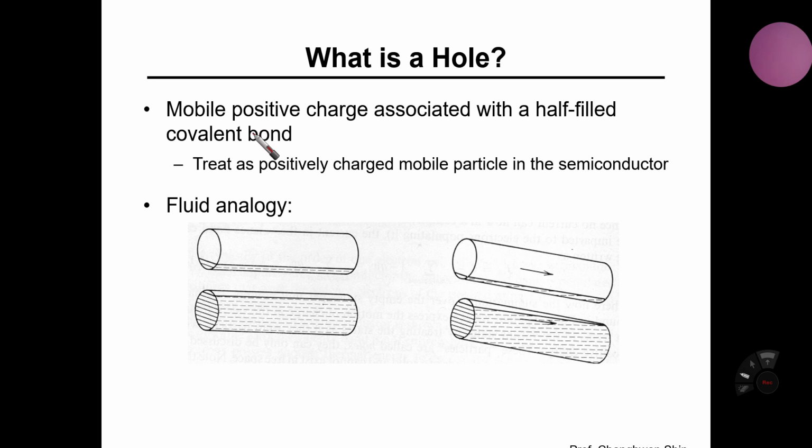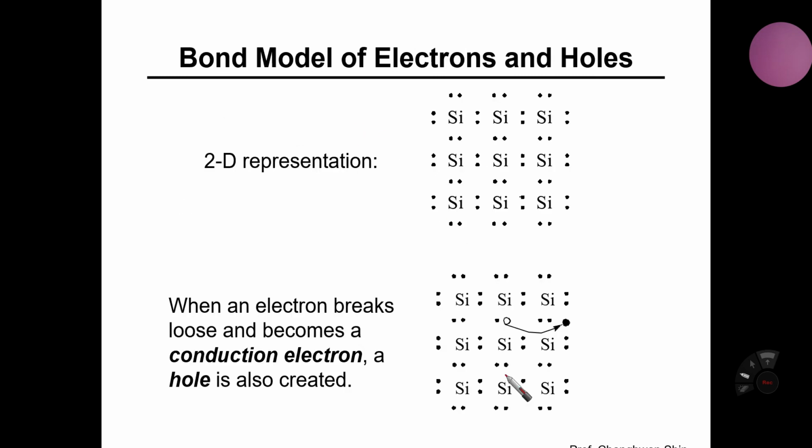To understand why it is a positively charged particle, let's go back to the 2D bonding model again. Now an electron has been created here, and maybe this electron would like to sit down in this vacant site. Then this site will become a hole.